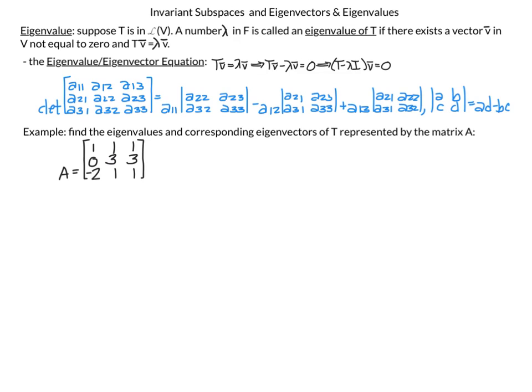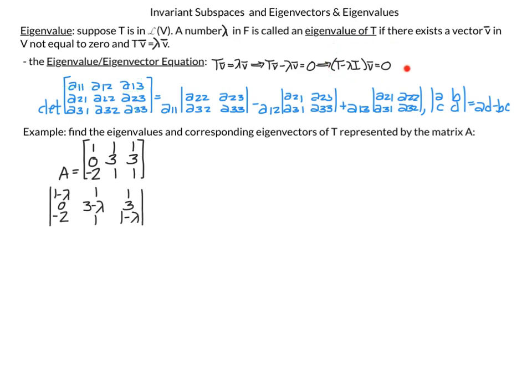Finally, I take my last element on my top row, cross out the rest of the row and column that A13 is in. I'm going to add that to A13 times the determinant of this 2 by 2 matrix here, A21, A31, A22, A32. And then finally, now that I have everything as a 2 by 2 matrix, I copy my formula for the 2 by 2 matrix from our previous slide. We just cross multiply AD minus BC.